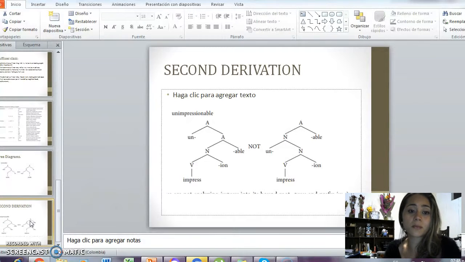In that case, for example, unimpressible: we have un as the prefix, impress as the root, ible as the suffix, and able the second suffix. So in that way, we can know where the origin of that word is, in that case impress, and what the modifications are, and what is a prefix and a suffix.